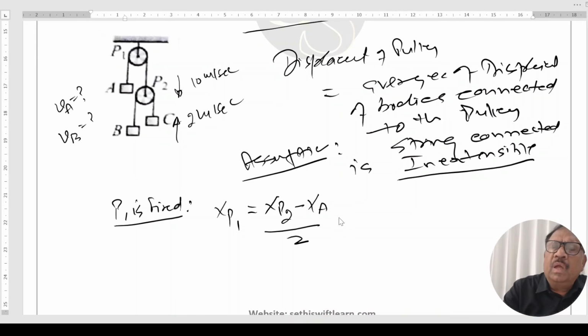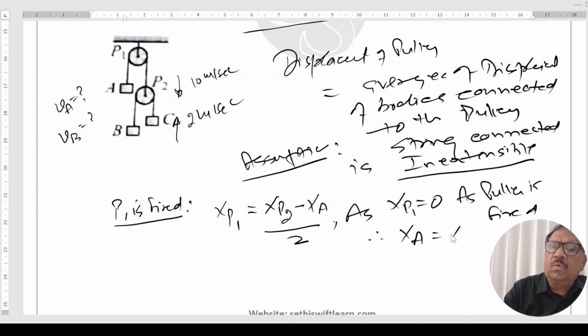Now, as XP1 equal to 0, as pulley is fixed, therefore XA equal to XP2.